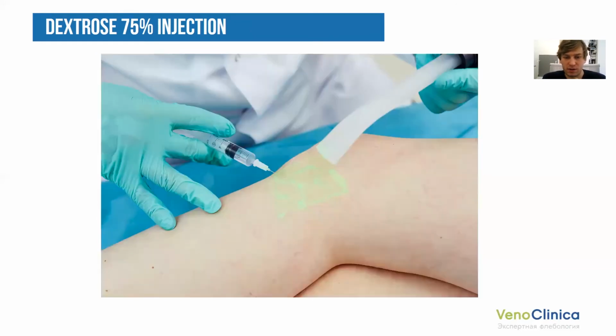Here is the injection of the reticular veins. After that, you repeat the same laser settings, but only 2 passes, not 3. We use just 2 passes for every telangiectasia and ectasia, spider vein, and then you inject the same dextrose into those veins.